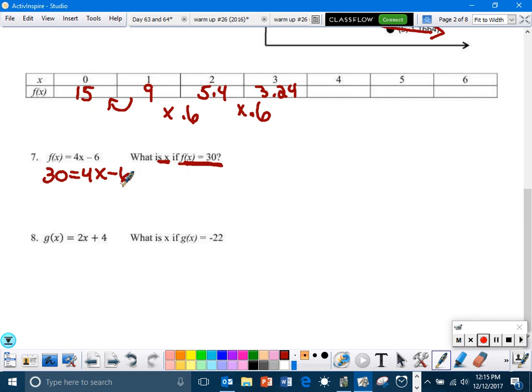And now we're going to solve for x. So add 6. So now 36 equals 4x. Divide by 4. And we find out that x equals 9.